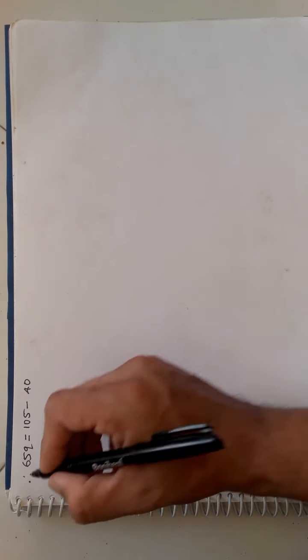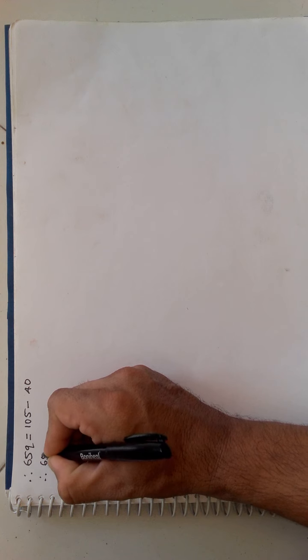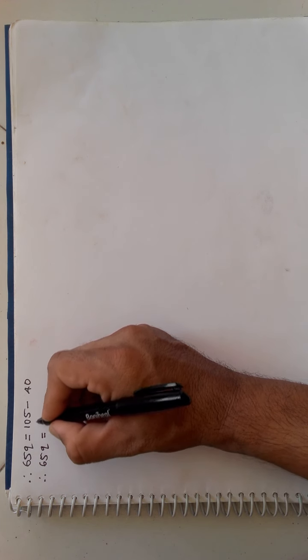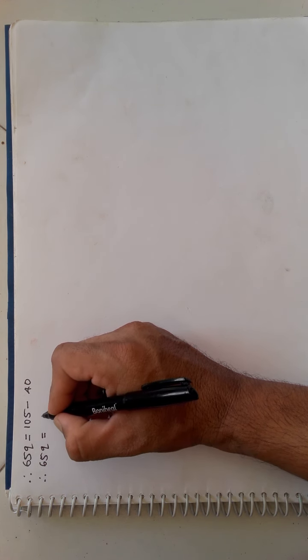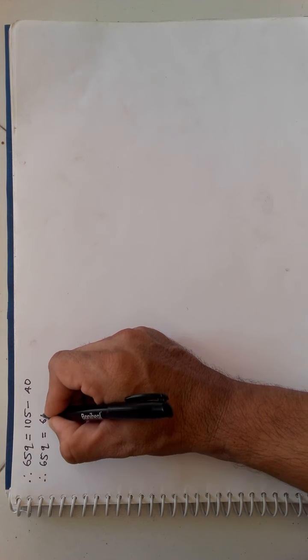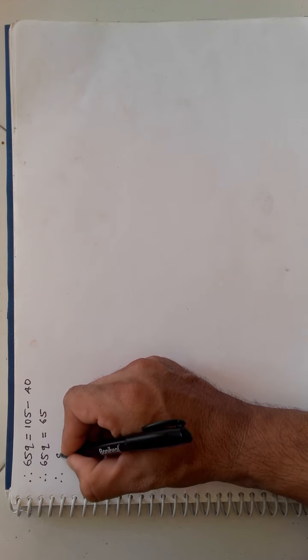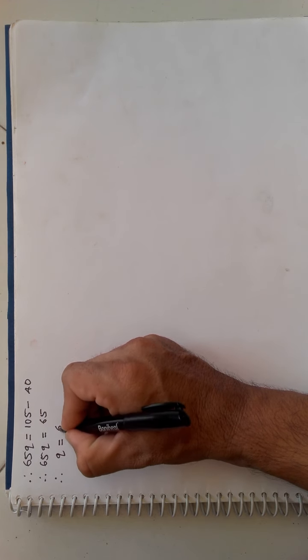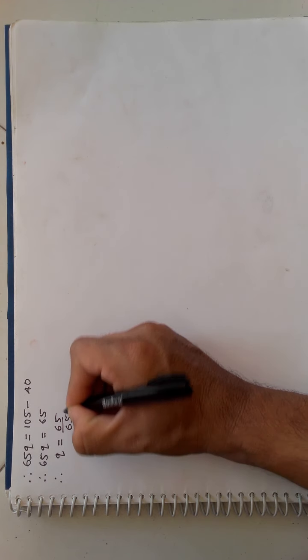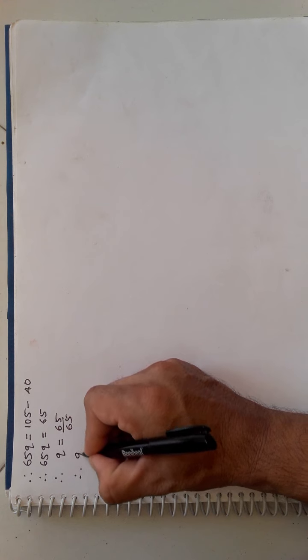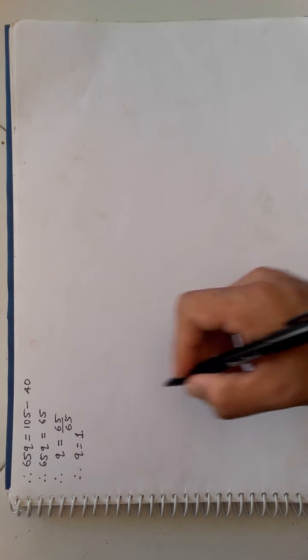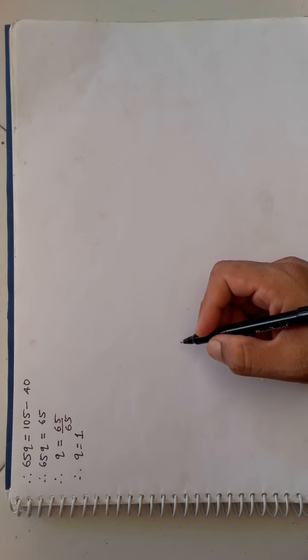So it becomes 65, and that also 105 having a larger sign, so it will become plus only, so you will get here 65. So between 65 and q there is multiplication, so q is equal to 65 by 65, so you get here q is equal to 1. So you got the value of q.